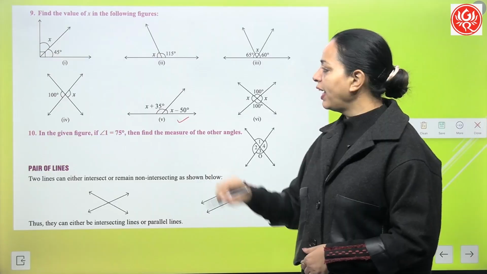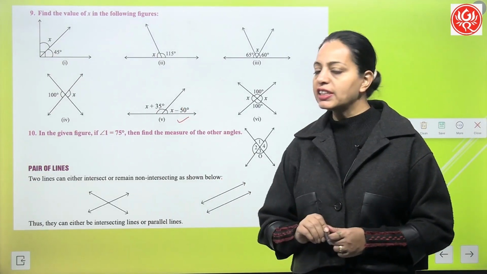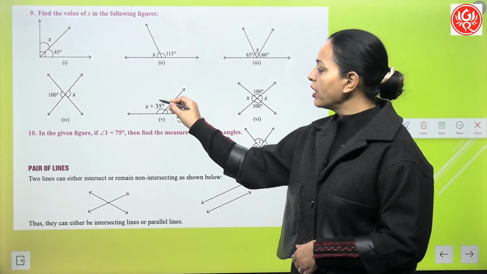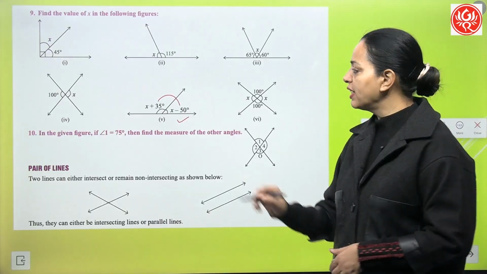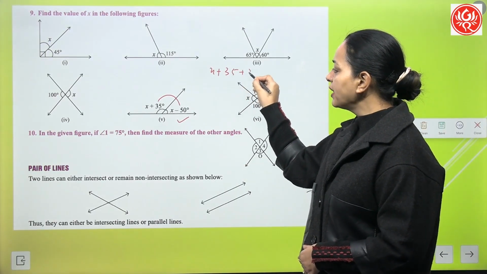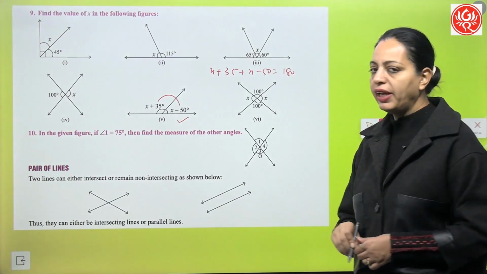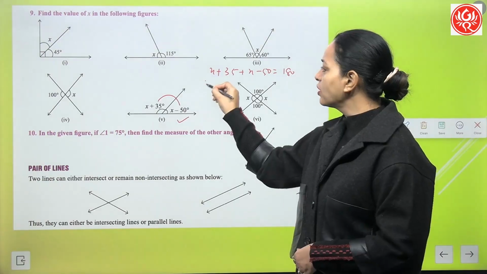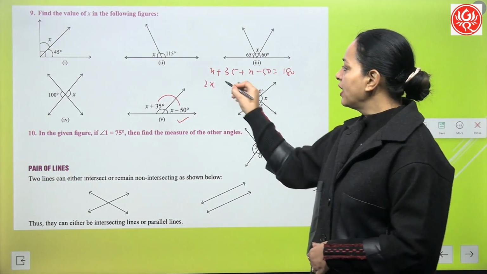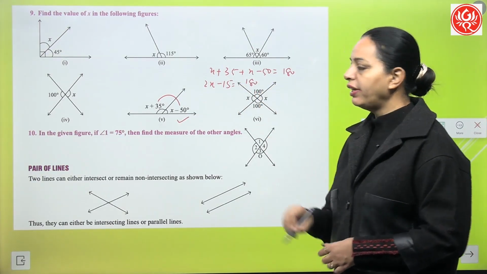Okay. Similarly, like fifth part here, x plus 35 and x minus 50, these two angles are on a straight line. So their sum is 180 degree, linear pair. So x plus 35 plus x minus 50 equals to 180. So x plus x, 2x plus 35 minus 50, that is minus 15 equals to 180.